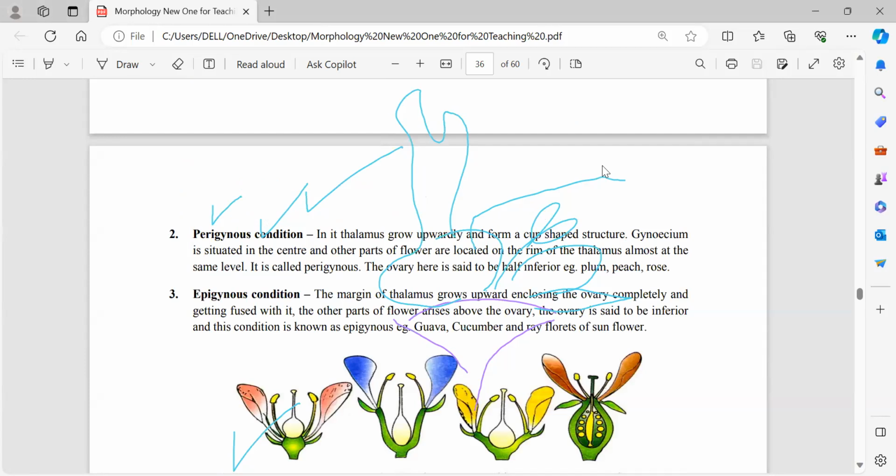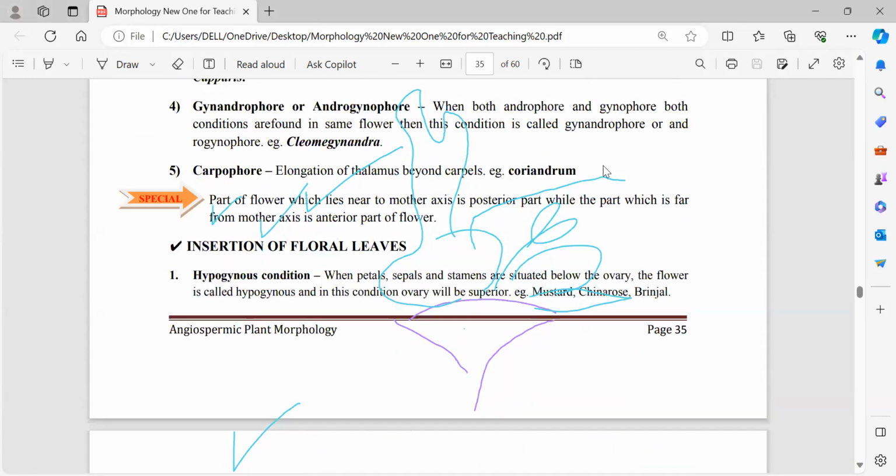When coming to the hypogynous condition, by hypogynous we mean hypo means below, gynous means ovary. That is, all other floral parts, petals, sepals, and stamens are situated below the level of ovary, and ovary is occupying the top position.